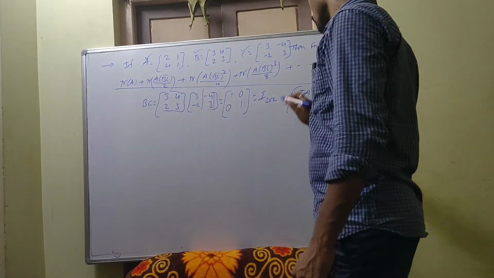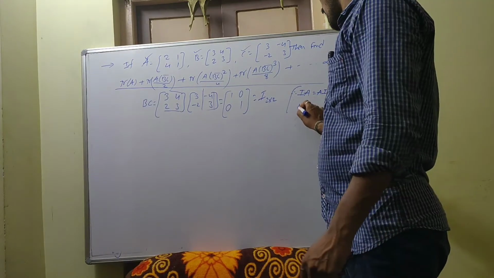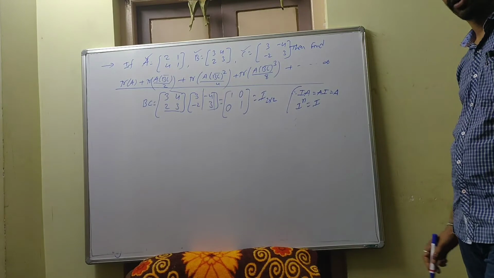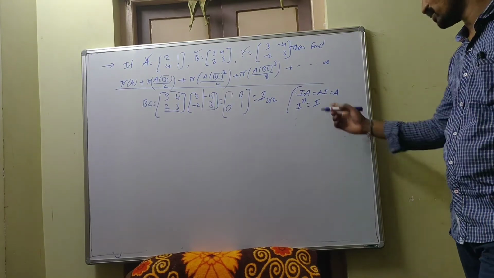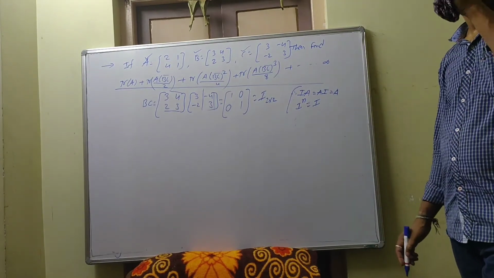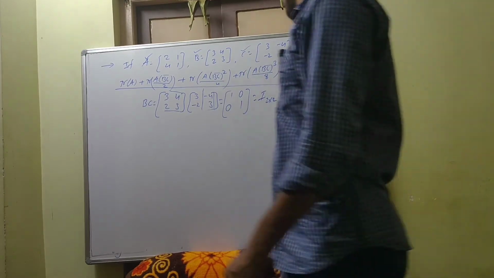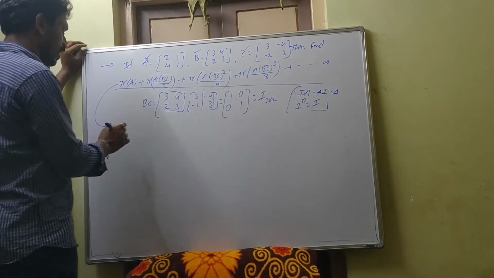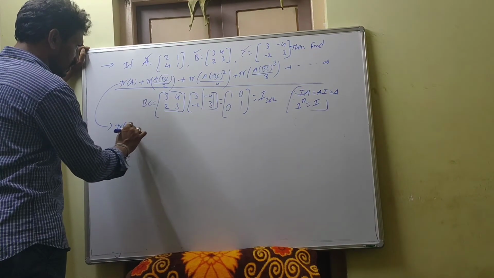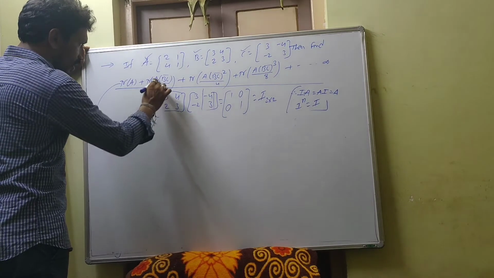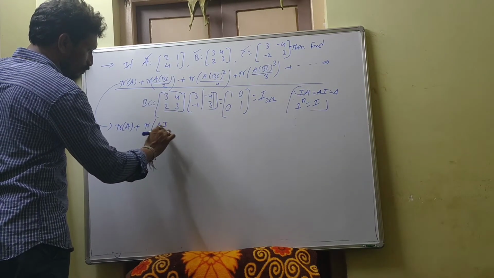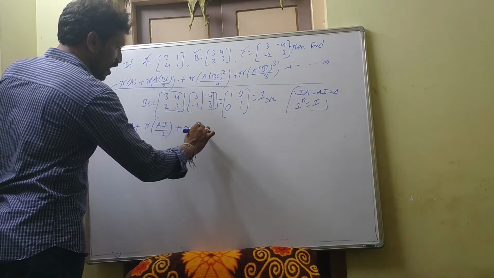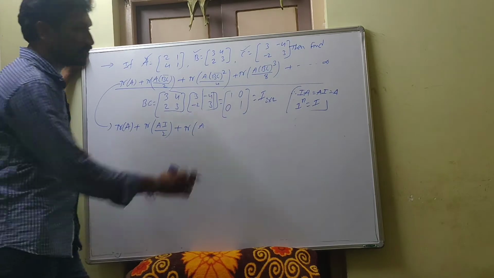Instead of this one, you just remember one more thing. I square or I power n, whatever number you take, I square, I cube, I 4, if you multiply it with itself any number of times, it will be I only. Okay, clear? See, if you use this formula, this expression you can rewrite as trace of A plus trace of A into I by 2, plus trace of A into I square by 4.